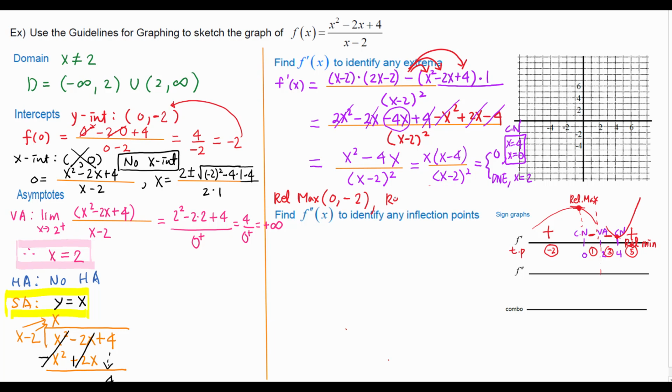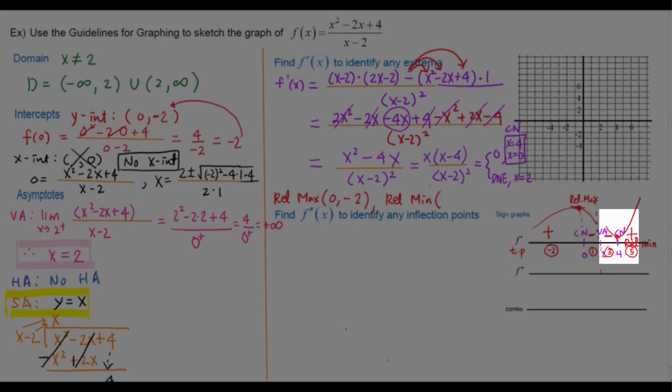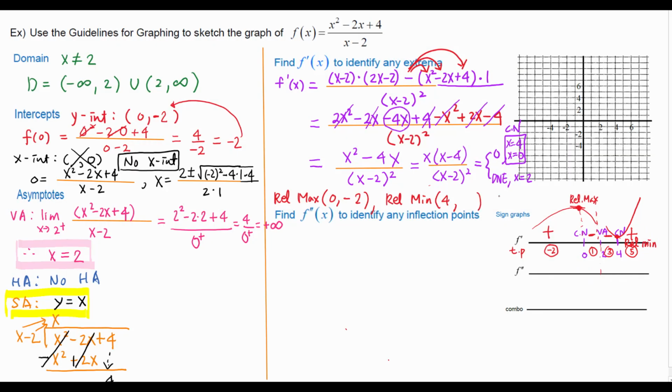And what is the relative min? The relative min occurs when x equals 4, and it will be f of 4, and f of 4 is equal to 4 squared minus 2 times 4 plus 4 all over 4 minus 2, which is equal to 16 minus 8 plus 4 over 2, which is equal to 8 plus 4, that is 12 over 2, which is 6.